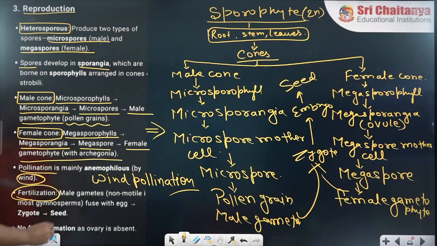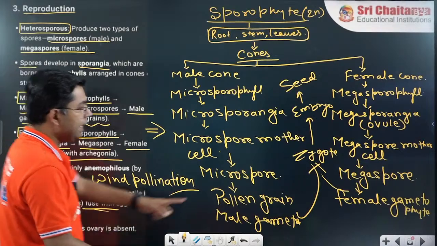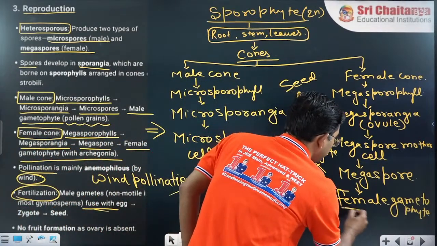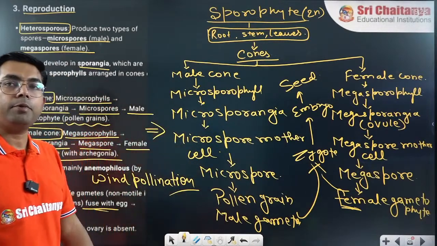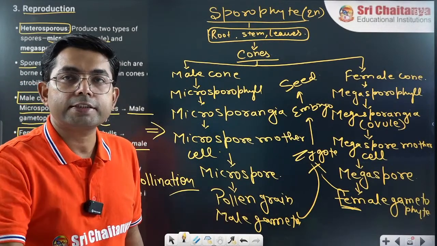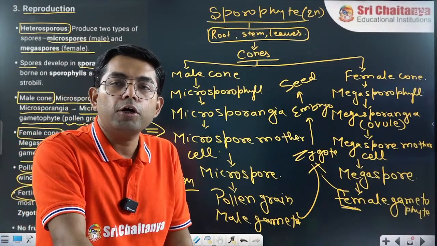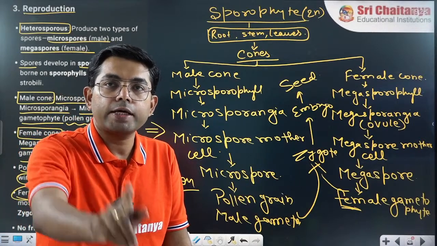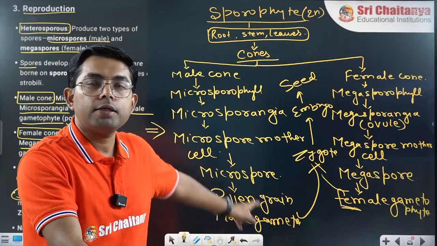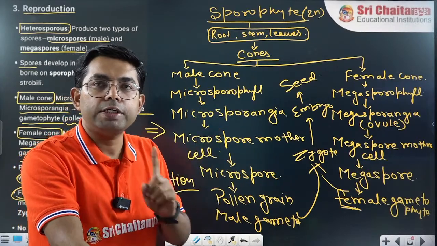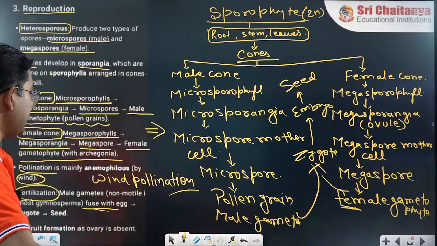Fertilization. Now fertilization takes place inside the female gametophyte. Here no water is required for fertilization. You can see bryophyte need water, pteridophyte need water, but gymnosperm don't need water for fertilization.